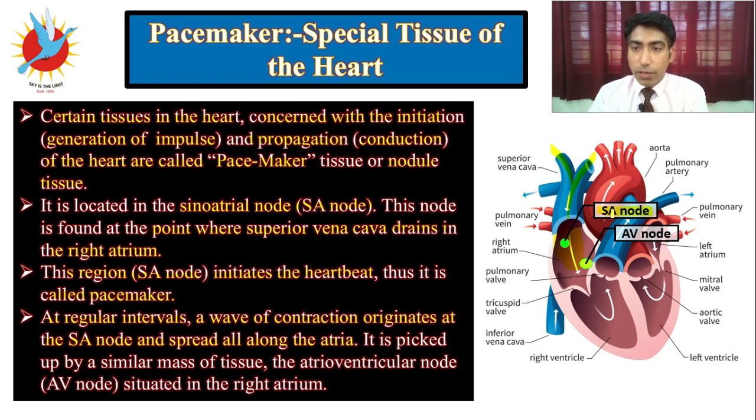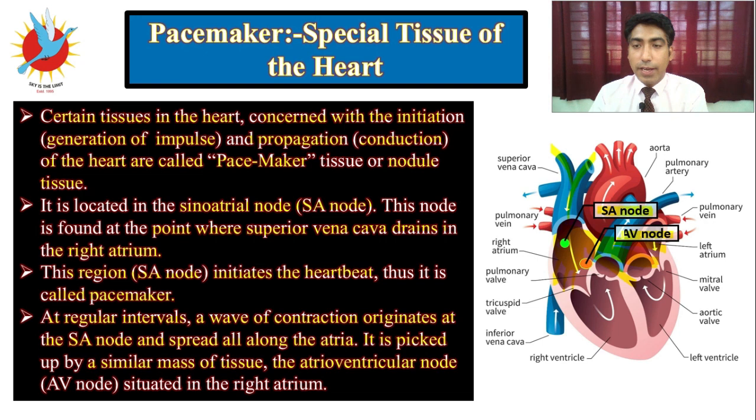This contraction spreads uniformly to all the atrial parts, and is later picked up by a similar mass of tissue known as the atrioventricular node or AV node.